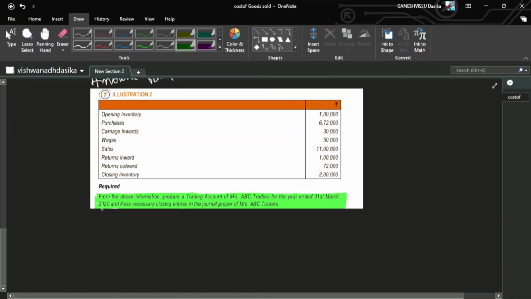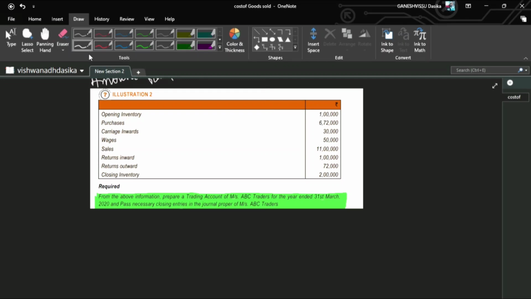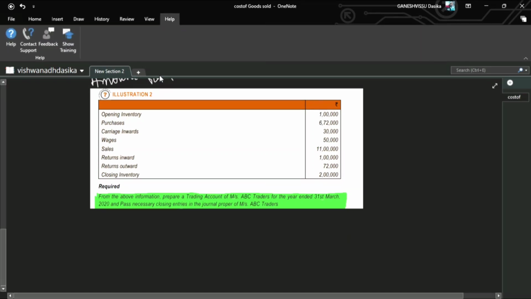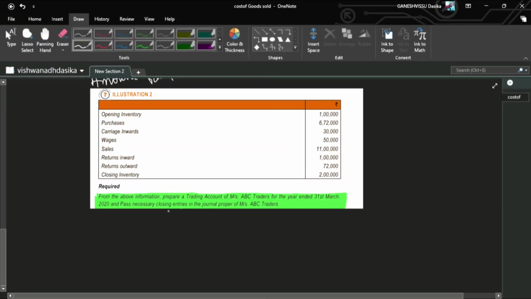Let us see, first of all, before going to that, we have to prepare the trading account, right? Let us now prepare. Very simple and easy to prepare the trading account.